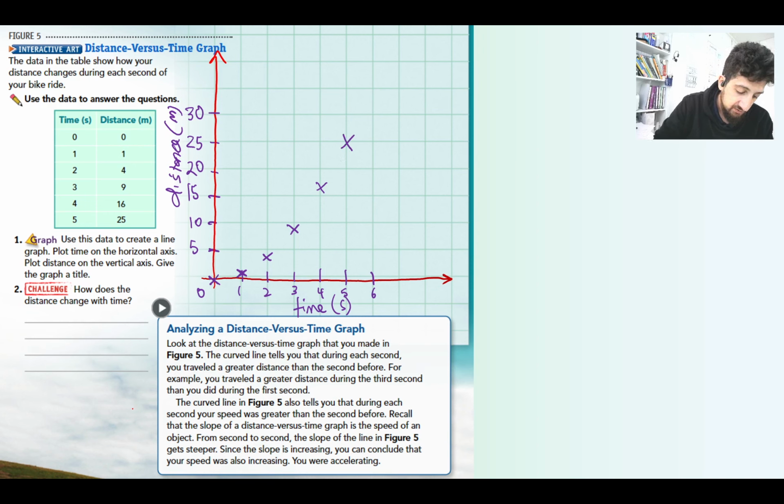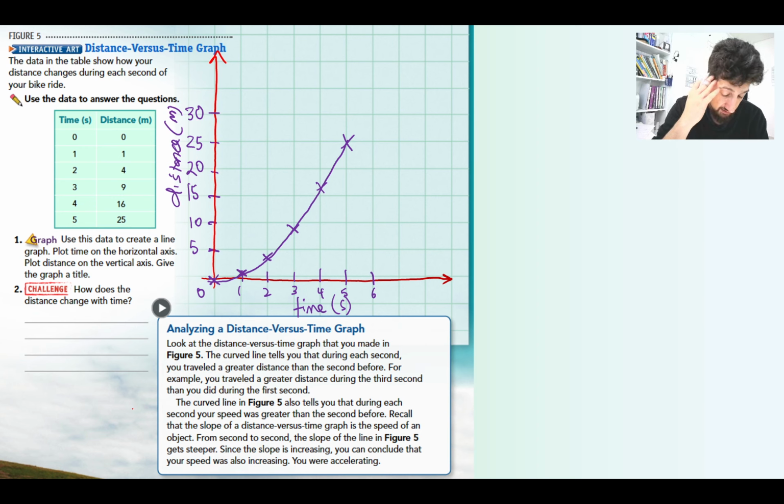So now we've got some sort of parabolic function. What we're looking at here is a curved line, which tells us that there is an increasing speed.